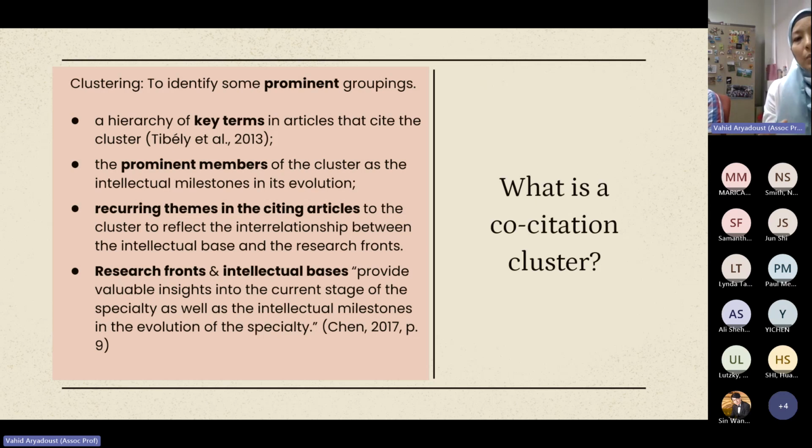So we'll talk about this a bit more in depth in the next few minutes, but basically both these research fronts and the intellectual bases provide insights into how the field is structured and the intellectual milestones that have led to the field being in the state that it is.